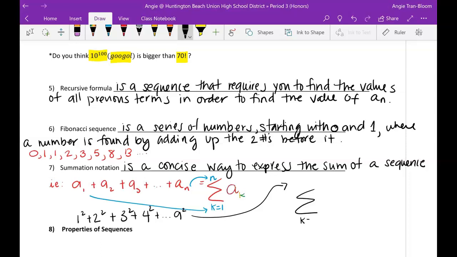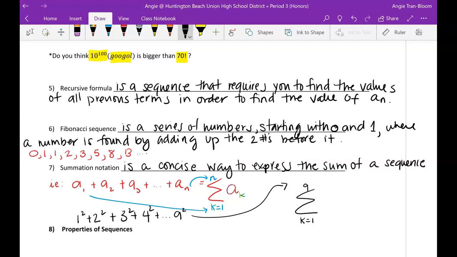I will start with k equals 1. k doesn't always have to be 1; k can be 0, or start at a different number. That's my beginning value. Now, where do we end? We end at 9. So we don't have n on the top because now we know where we end. The last number is 9.